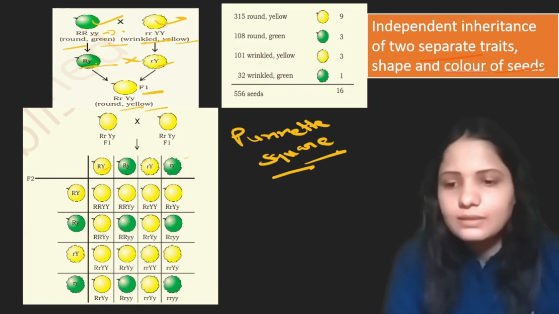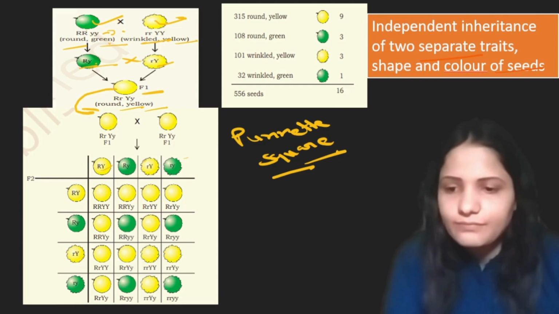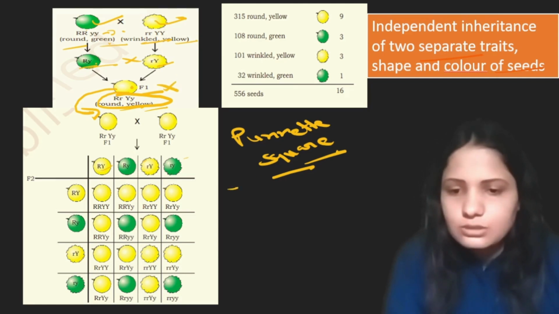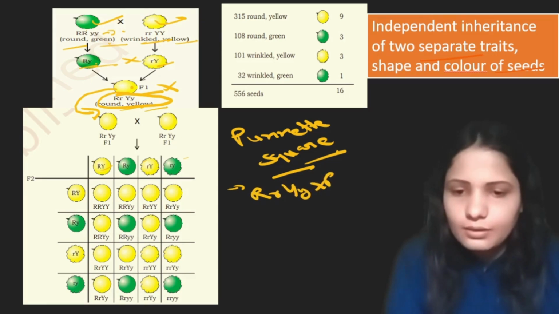Now further, on self pollination, this F1 progeny is self pollinated. A cross is performed like this: RrYy self pollinated.